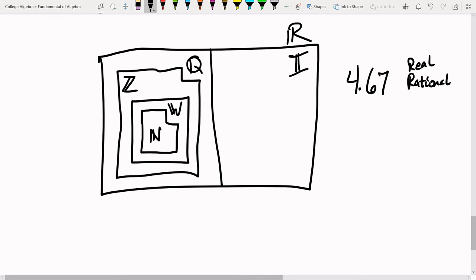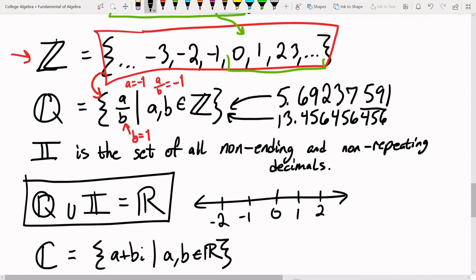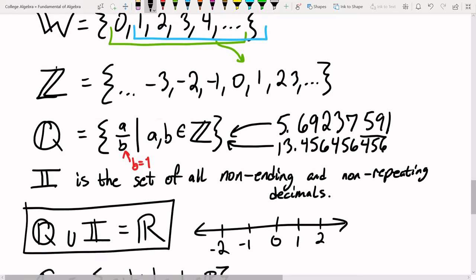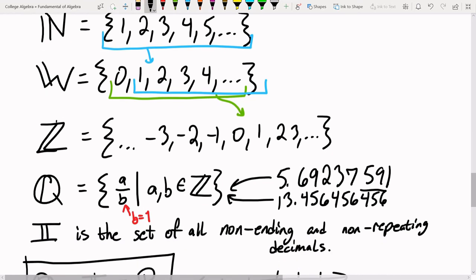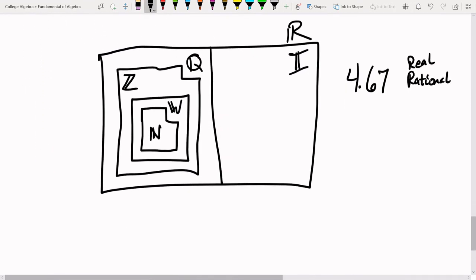Is it anything more? Integers, right? Integer numbers here are these numbers that don't have decimals. And this one does. So we know it's not an integer. And therefore, if it's not an integer, it's not going to be a whole or a natural number. So 4.67 is only a real and a rational number.